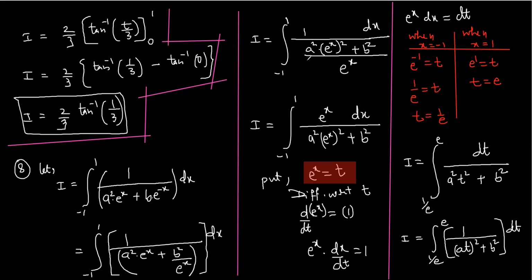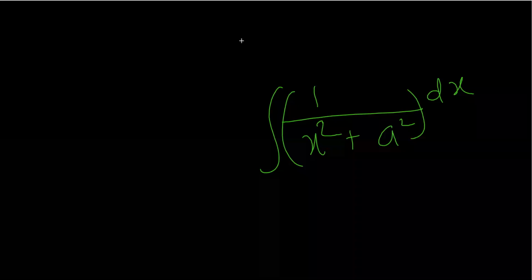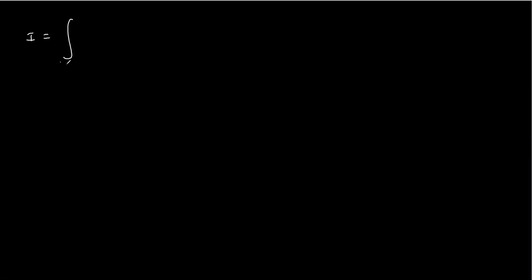So when I apply the result, let me write that step once again. I equals the integral from 1 over e to e of 1 upon a t the whole square plus b square dt. Integration of this is 1 upon a tan inverse of x by a.